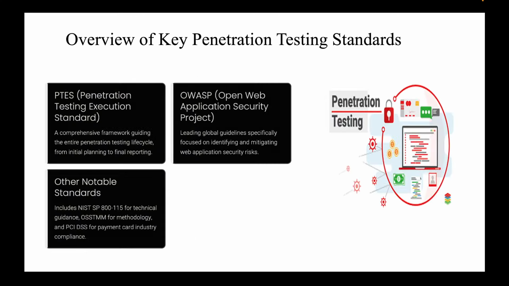And after that, OWASP, the Open Web Application Security Project. OWASP focuses mainly on web application security. It's well known for the OWASP Top 10, which highlights the most critical security risks in web applications.